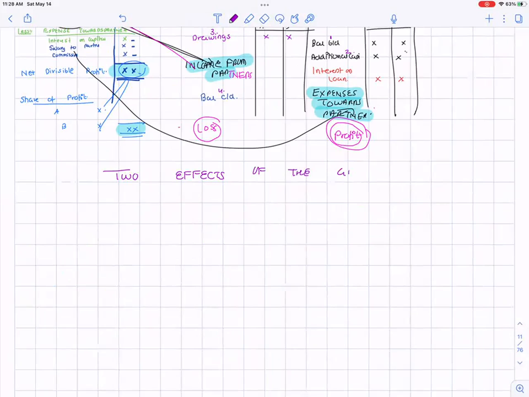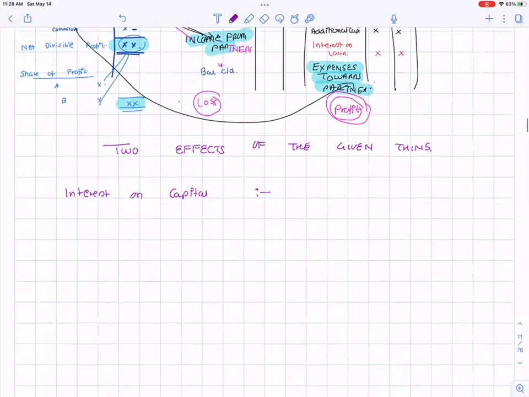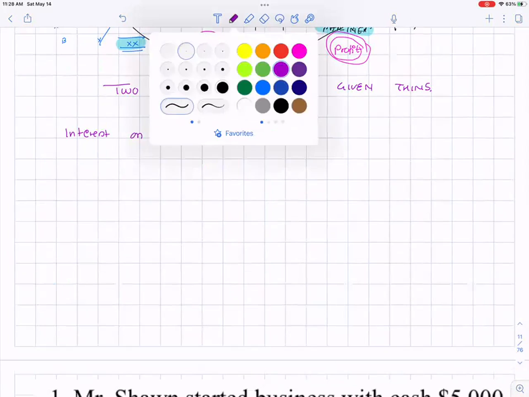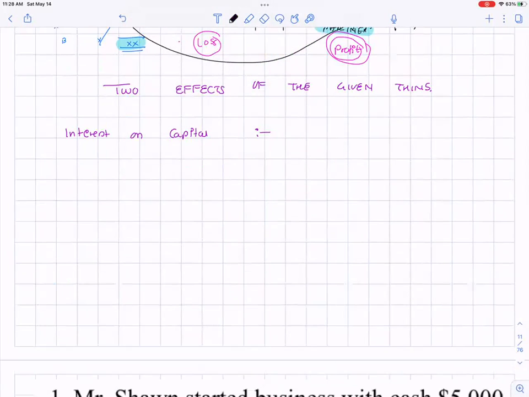Interest on capital. Give me the two effects of this. Capital account credited, appropriation account debited. Now interest on loan.